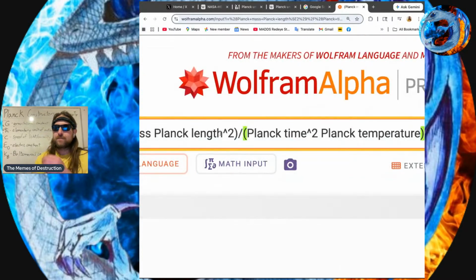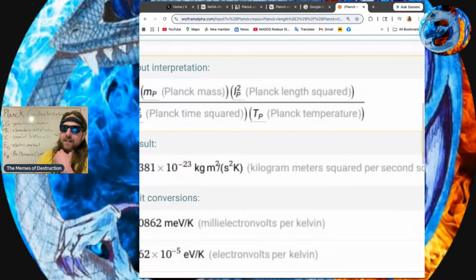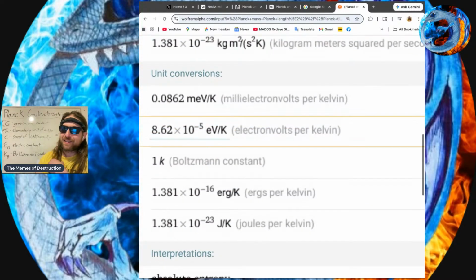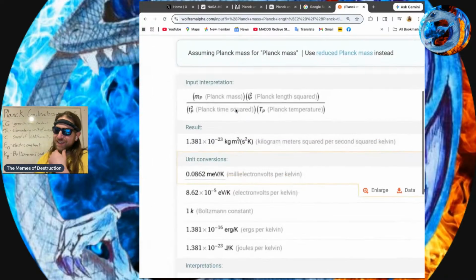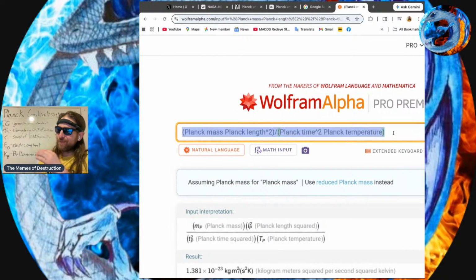Boom. And by the magic of multiplication, we get Boltzmann's constant.